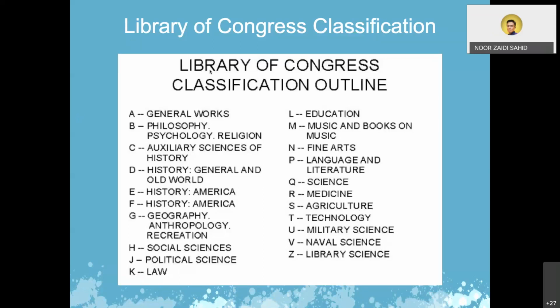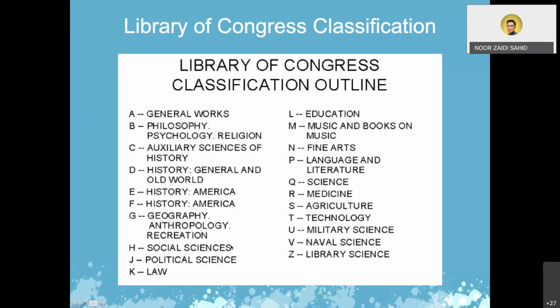Yang kita kenal pasti adalah the main subject. Contohnya kalau misalnya subjek dia dalam bidang social science, social science dia definitely with H. Betul? Sebab dia memang tajuk dia Introduction to Social Science.